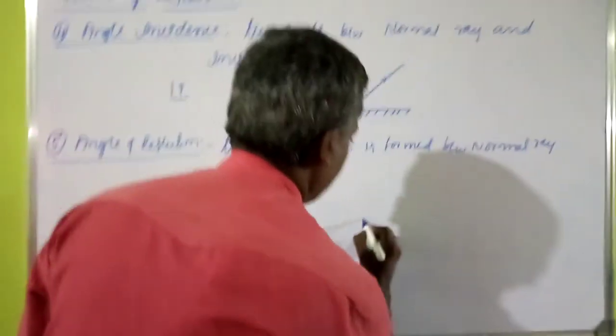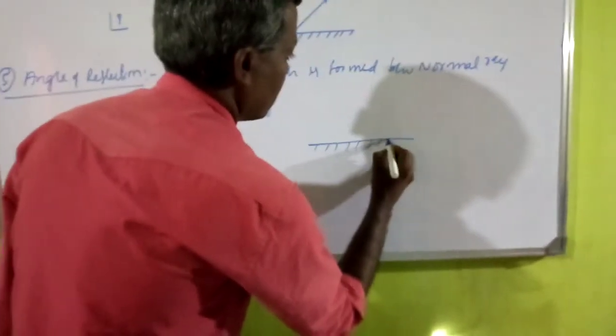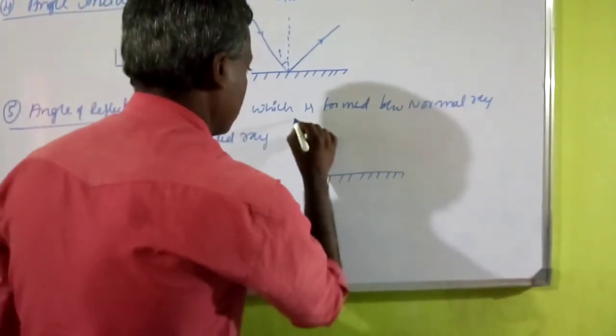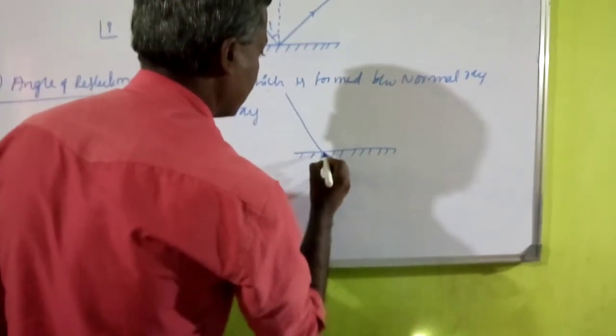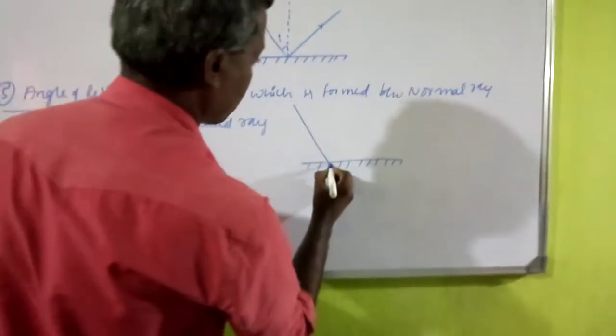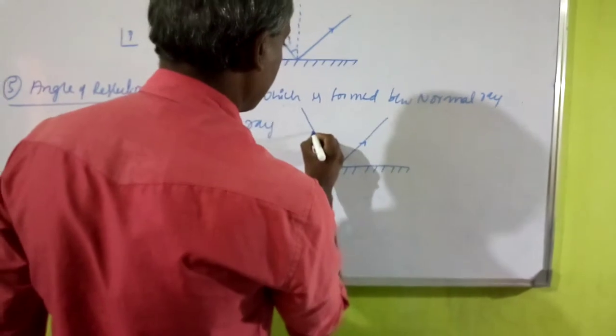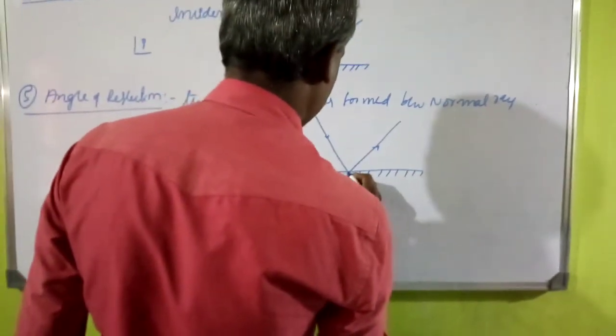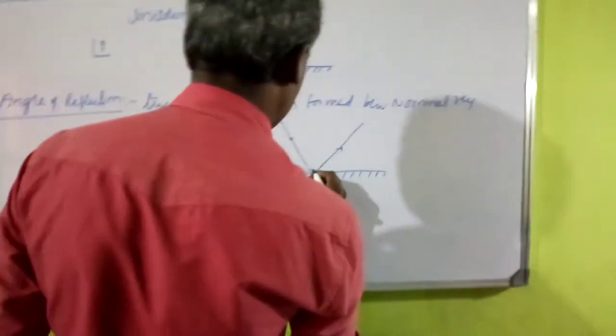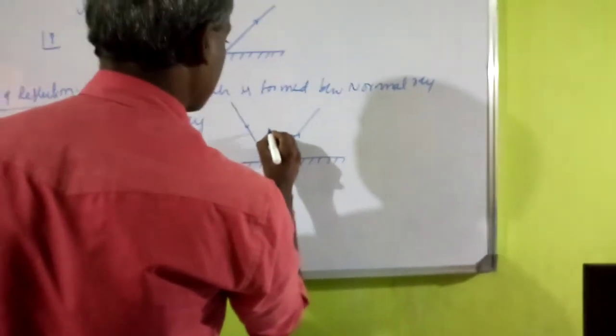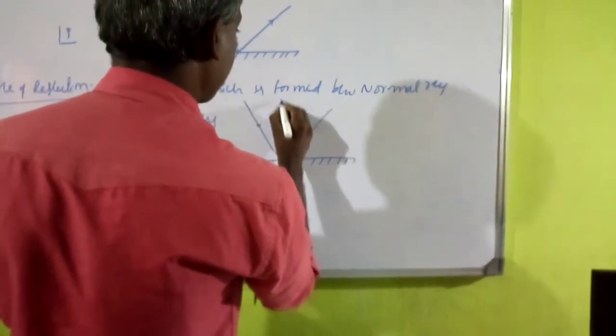Diagrammatically, this is the surface of an object. This is the ray of light which is striking the surface of an object. After that it is reflected. So this is the reflected ray, this is the incident ray. At the point of incidence, draw a perpendicular, that is called the normal ray.